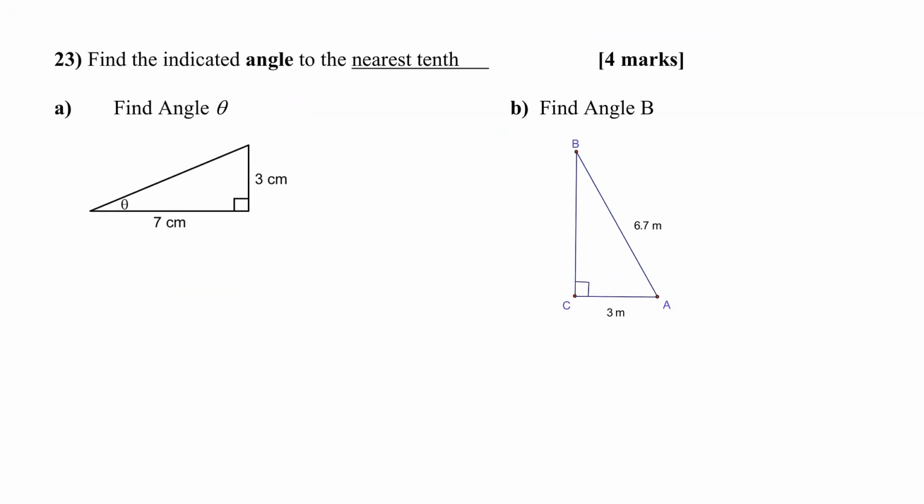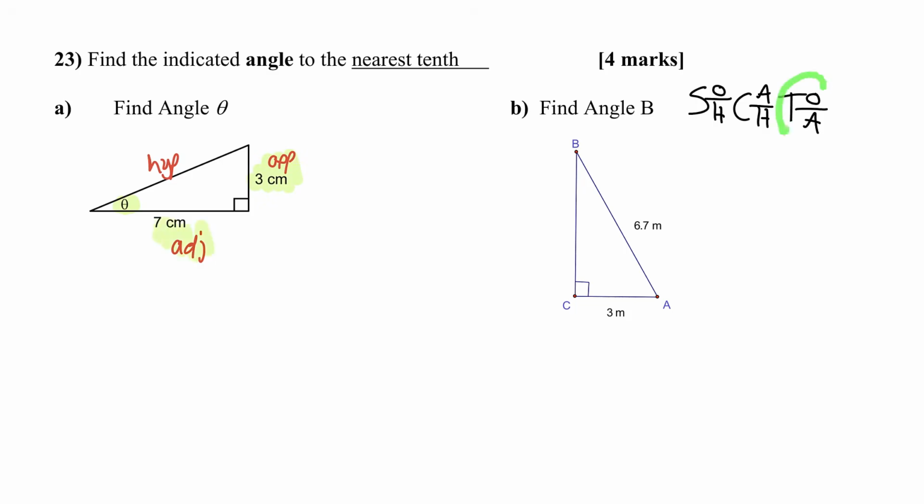23 says find the indicated angle to the nearest tenth. We'll still be using SOHCAHTOA since these are both right angle triangles. Starting with part A, from the reference angle that we're trying to find, let me label opposite, adjacent, and hypotenuse. When we're trying to solve for an angle, we'll need to use the two sides that we know, the opposite and the adjacent side.